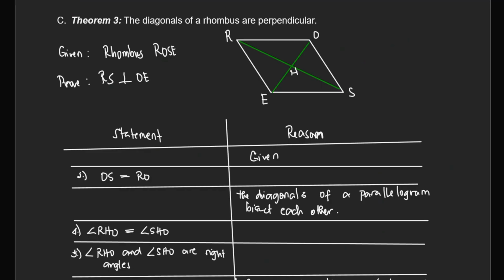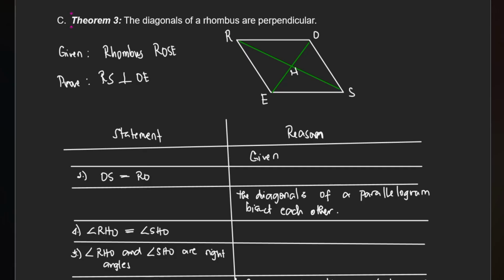So here in theorem number 3, it states that the diagonals of a rhombus are perpendicular. Pag sinabi po natin perpendicular, we make sure na yung dalawang line meet and they create 90 degrees.